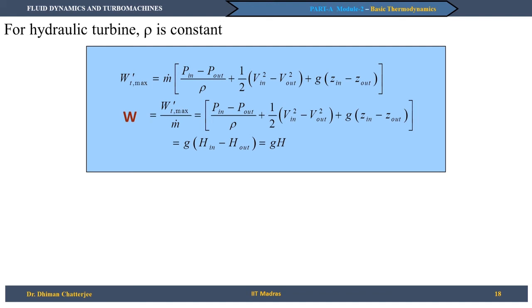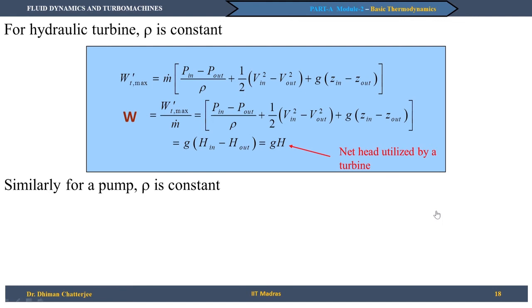It is given as (P_in minus P_out) by rho plus (V_in square minus V_out square) by 2 plus g (Z_in minus Z_out), which many times is given in the form of g multiplied by capital H. This capital H is nothing but the net head utilized by a turbine. So, when we design a turbine, we have to know what is the head that is expected across the turbine. So, this is the net head H.